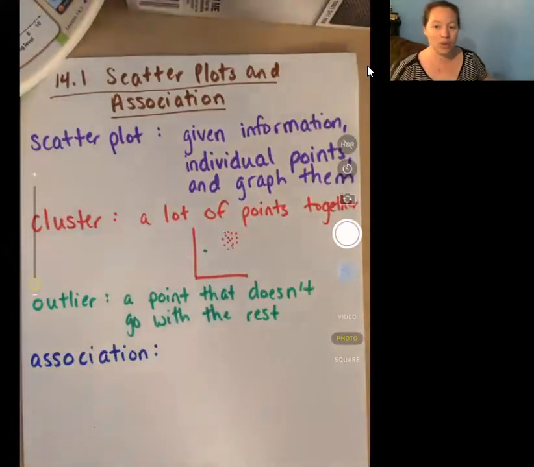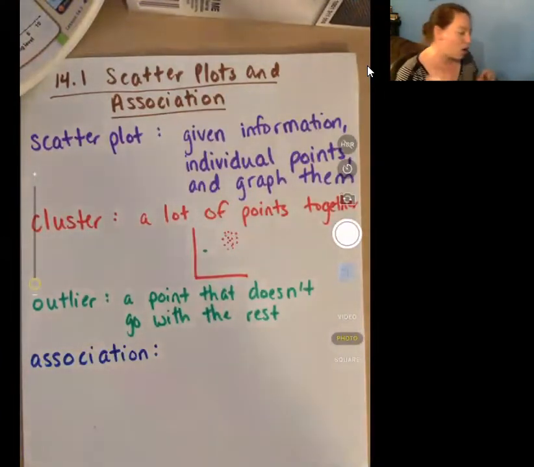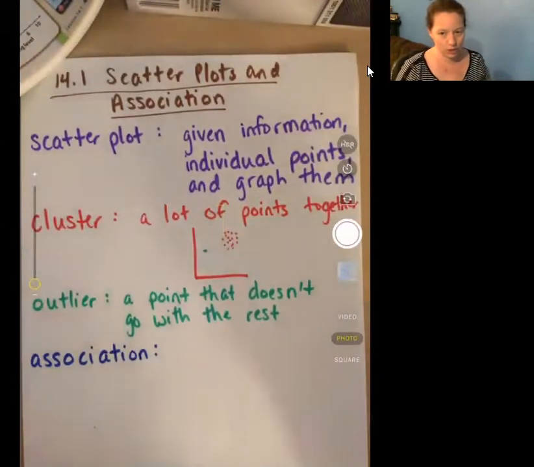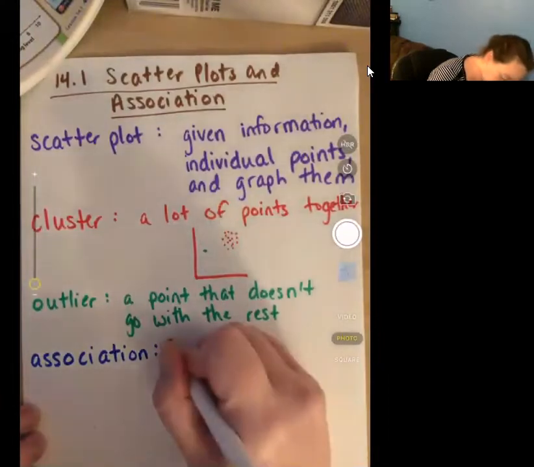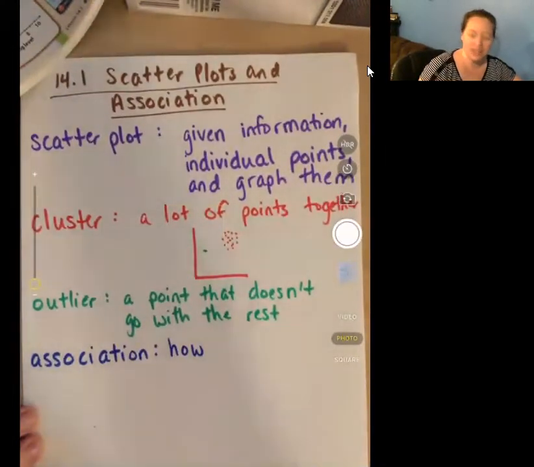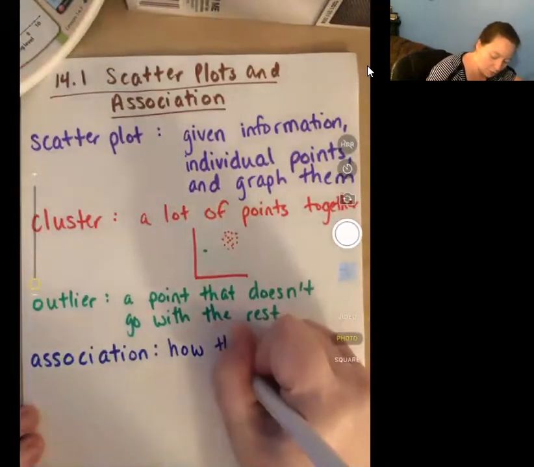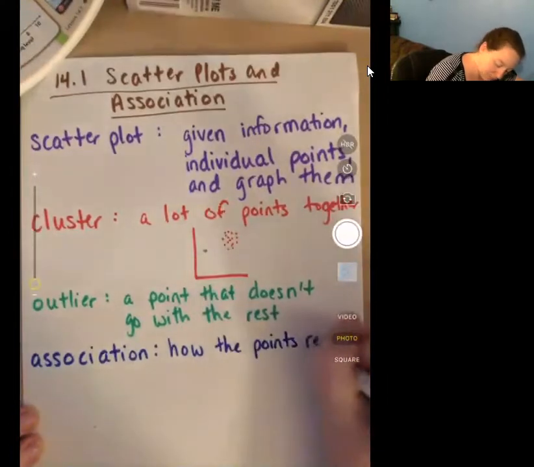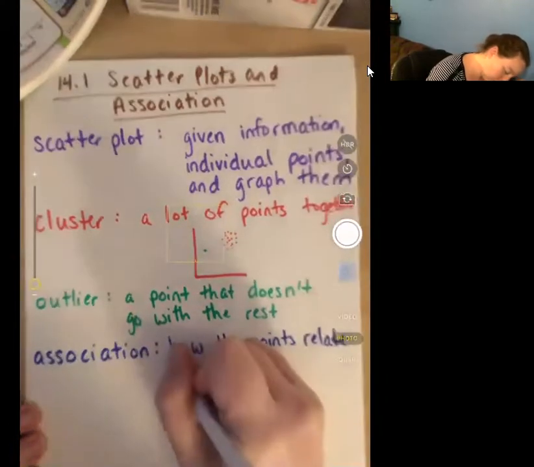So in this one, we're talking about how it's related to each other, how it's talking to each other, how it's interacting with each other, how the points relate to each other.